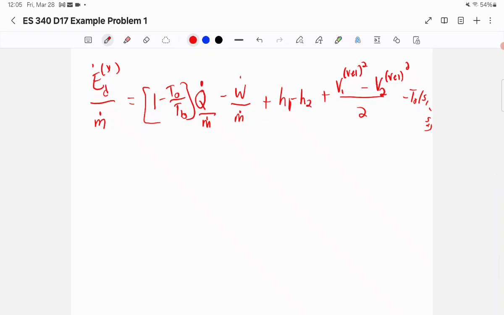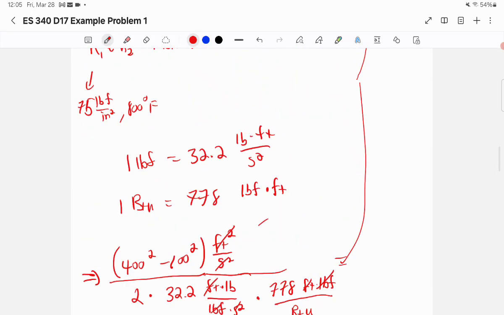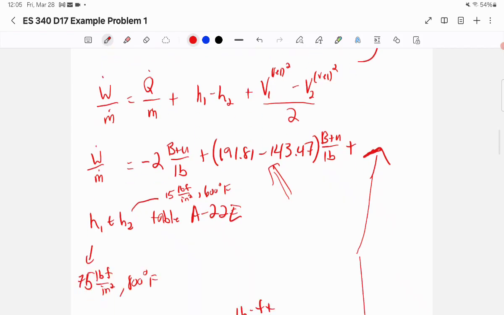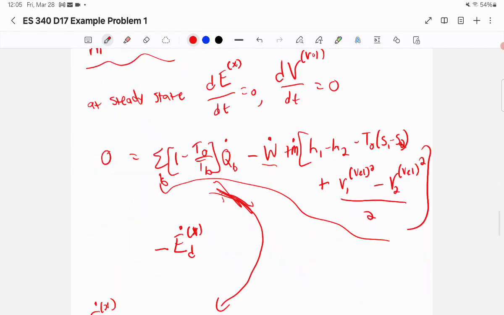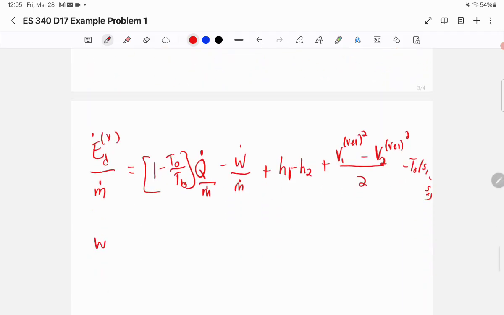The reason this is convenient is that, remember, we had up here W dot over M dot equal to Q dot over M dot plus h1 minus h2 plus V1 velocity squared minus V2 velocity squared over 2.